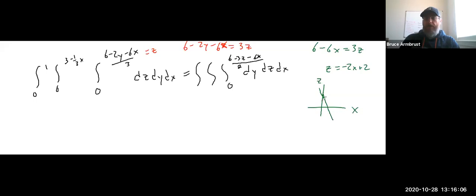So I'm going to do integration man for the z. That means I need integration man vertically, right? I need z's, so he has to be lined up like that. So the bounds on this one are going to be 0 and then that line, minus 2x plus 2. And lastly, we need the x bounds, and the x's are going to go from 0 to 1. So if we swap the y and the z, it changes the bounds thusly.